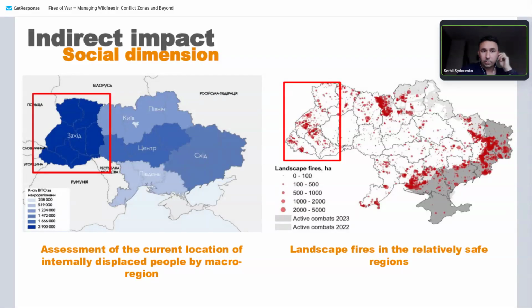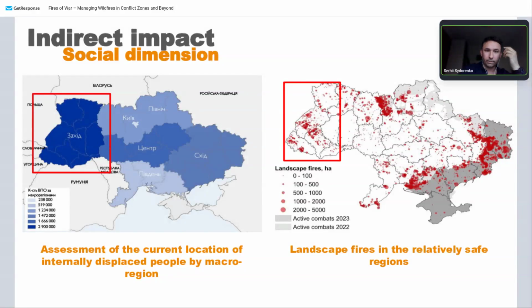Now we are returning back to indirect impact. As I said previously, by indirect impact we also understand impacts through a proxy of social changes. Here on one map you see the number of refugees and internally displaced people.